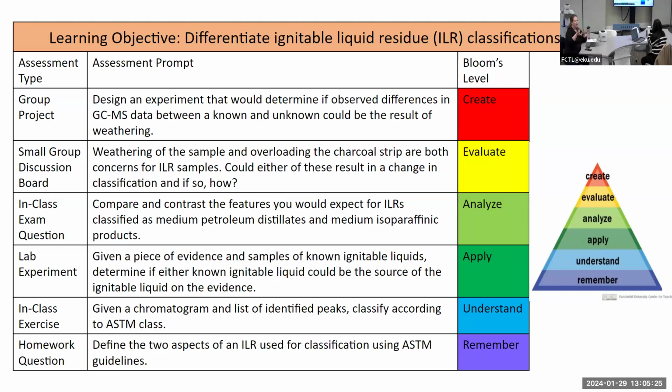Obviously this is specific language to my field, but I want to give you an idea that different kinds of assessments can lead to different orders of Bloom's. So if you're finding that all of your assessments are one order of Bloom's, you might need to adjust them up or down for some of your things. And don't feel that you need to hit every level of Bloom's for a topic, or use a ton of different assignments.